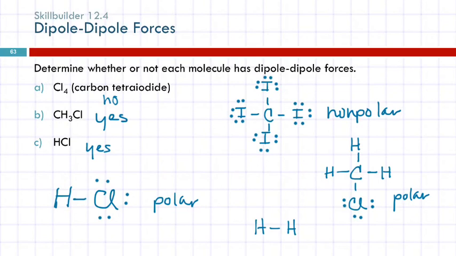Do you not need to look at the periodic table for electronegativity? In a question like this, we don't need to know which is more electronegative, which end is more negative, and which end is more positive. We'd have to look at the periodic table for that. We're just saying, are they different? Is the bond polar? They're different, the bond's polar.